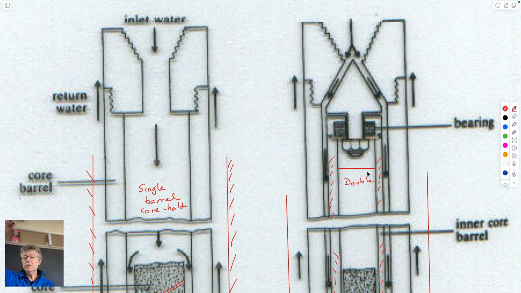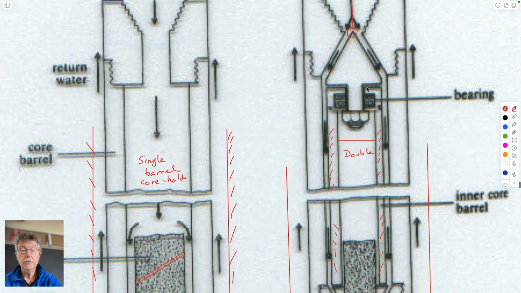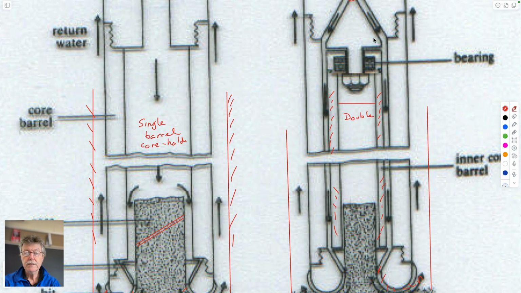You can measure that on the surface by how much new rod that you add at the surface and push down. But you can fish for this, you can grab onto this, and you can pull this whole assembly up to the surface. So you can pull this, the whole assembly would be this thing here, containing the core.